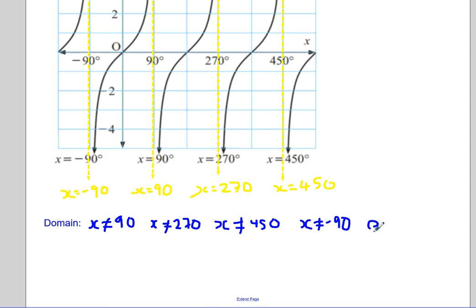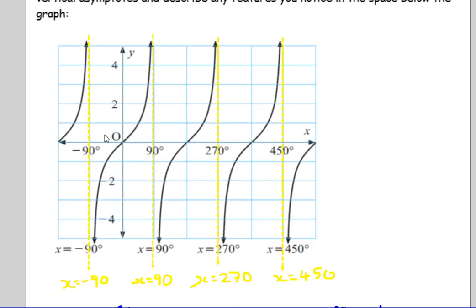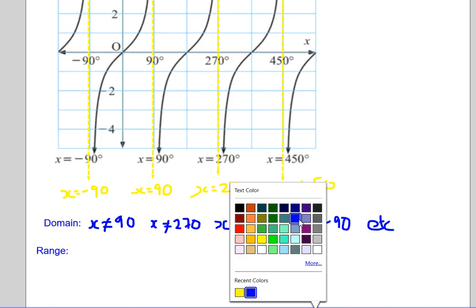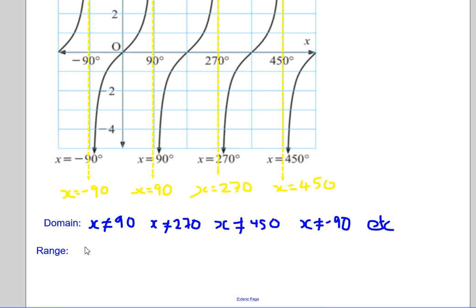Now in terms of the range. Range is a bit more straightforward, thank goodness. Looking at the graph, notice it goes infinitely upwards and then infinitely downwards as well. So we can just say y is an element of all real numbers.